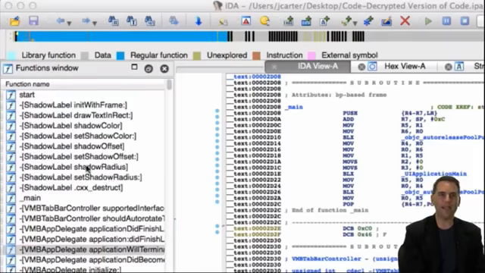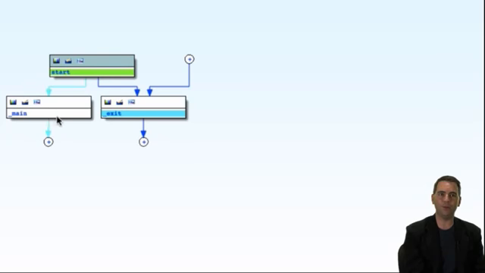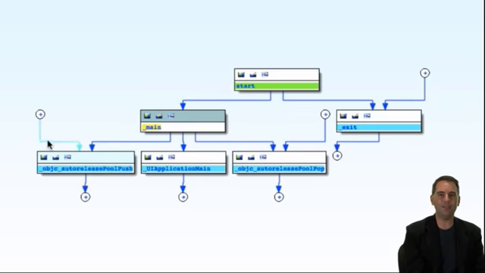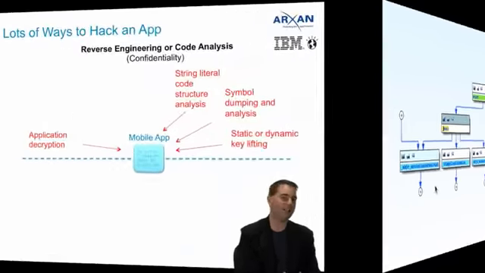Once we get that snapshot, we can then feed it into a tool like IDA Pro, and immediately it will have a decrypted, perfectly reverse engineered application available for control flow analysis in this example. So we've used a freely available tool in order to reverse engineer an iPhone application, which in theory shouldn't be allowed.